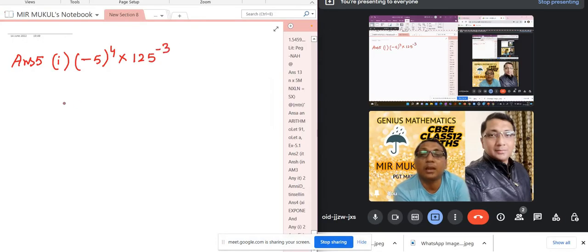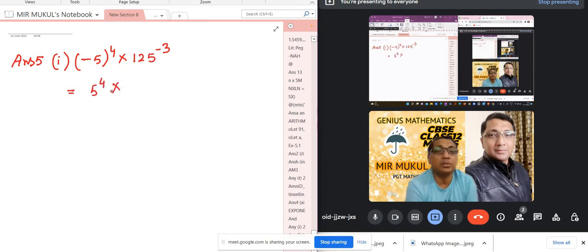So here a negative number to an even power will be positive. So we can write this as 5 to the power 4. Understood? Because minus into minus is plus, minus into minus into minus will be minus, and minus into minus into minus into minus, 4 minuses, if you multiply, then you get positive.